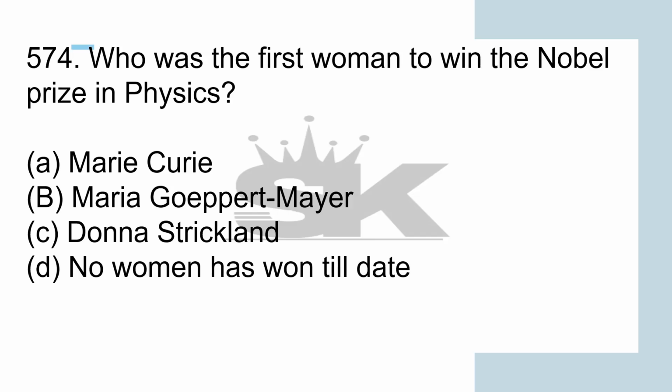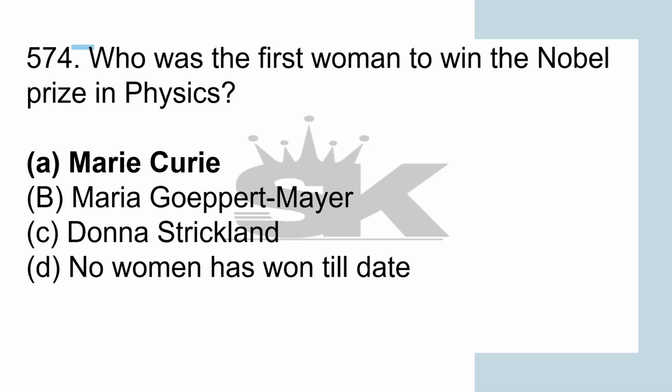Who was the first woman to win the Nobel Prize in Physics? Everyone knows this one, right? That is Marie Curie. The first woman to win a Nobel Prize was Marie Curie, who won the Nobel Prize in Physics in 1903, with her husband Pierre Curie and Henri Becquerel.